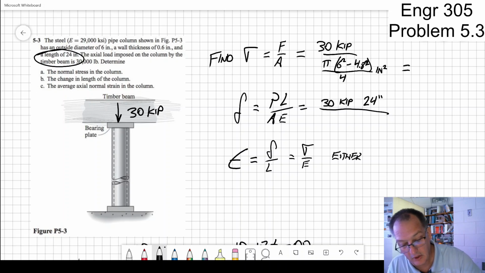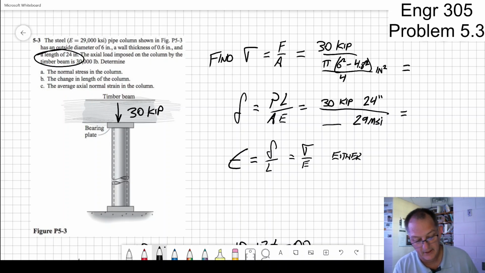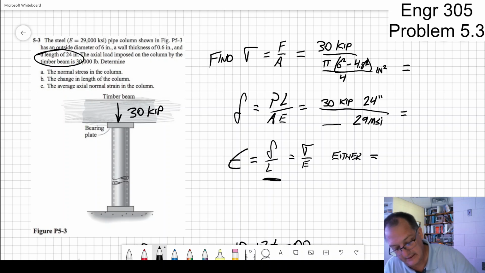When I calculate area, I'm going to plug it in here, and then put in an E of 29 Msi, and that's going to give me a number. And then I'm probably going with delta over L, so I have to wait till I calculate this, and then I'll put it in.